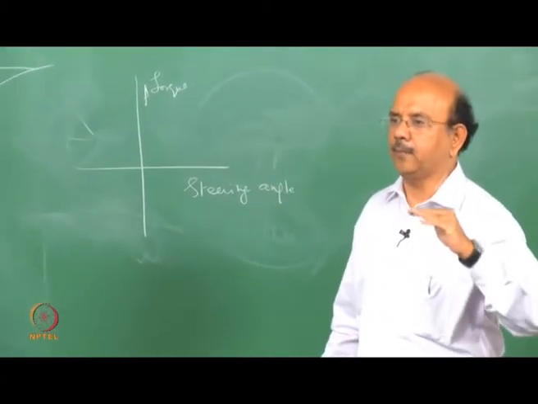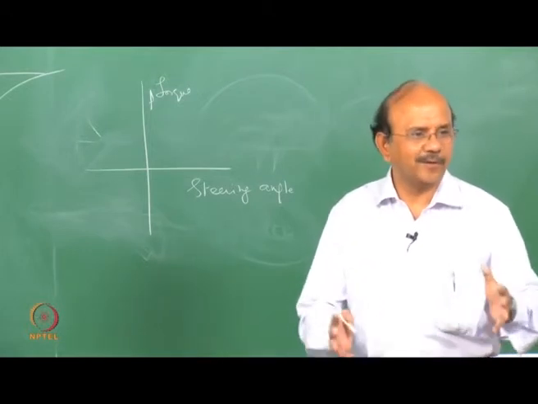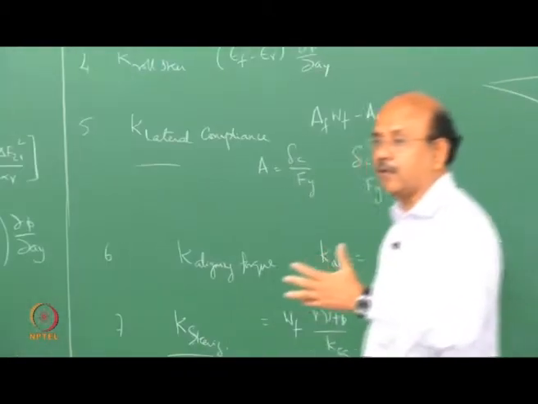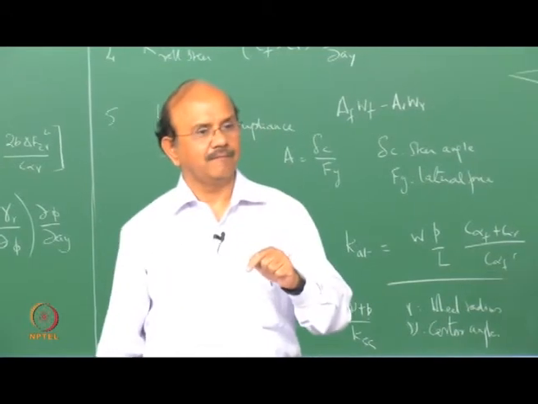So don't tell me, why are you doing all these things, anyway I am not going to drive beyond 30 kilometers. Subjective evaluation is to understand the limit of the car. So there are a lot of subtleties.